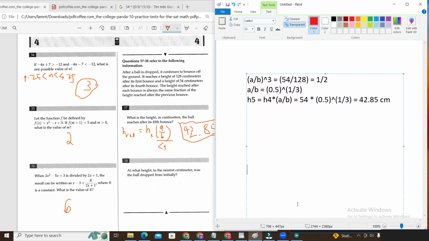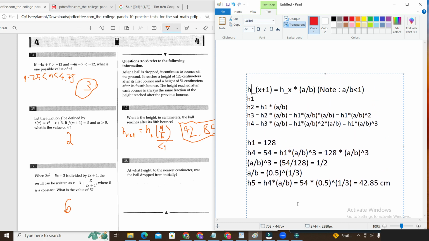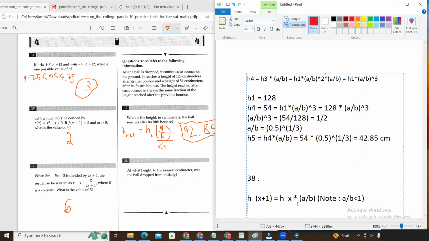At which height, to the nearest centimeter, was the ball dropped from initially? So we know that h of x plus 1 is equal to h of x times a over b, and a over b we found is 0.5 to the power of 1/3.